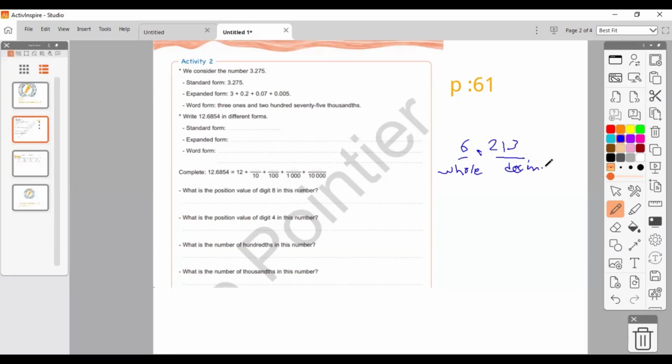The whole parts are the numbers that we already know, yani ones, tens, hundreds, thousands, and so on. The numbers after the point are the decimal part. The first one here is called the tenth. This one is the hundredth.